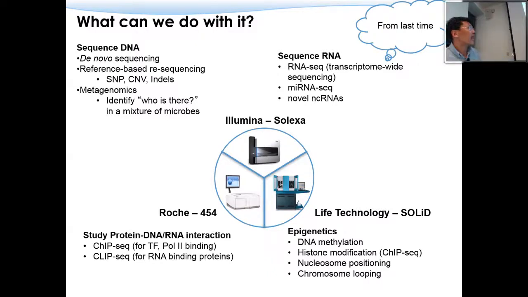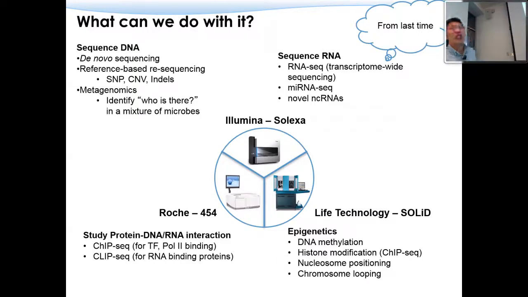The third application is metagenomics, which means identifying who is there in a mixture of microbiome species. It turns out to be very important for the environment and also for human disease, because in human bodies there are a lot of microbiome species. And NIH also launched the Human Microbiome Project, which is studying the impact of those species on human disease.